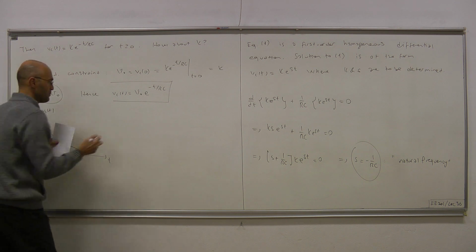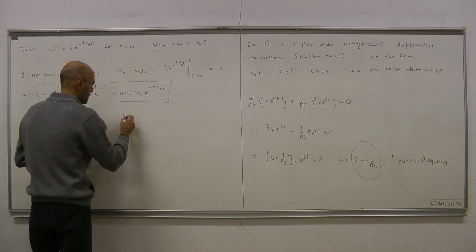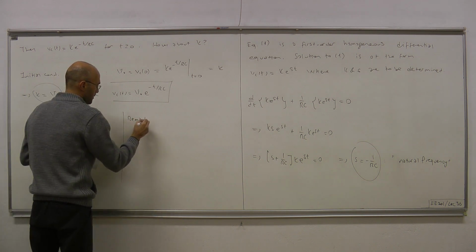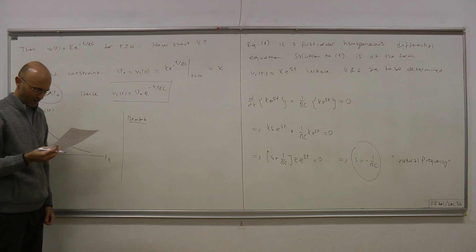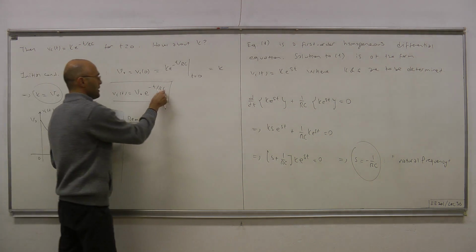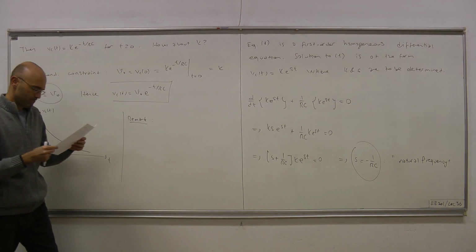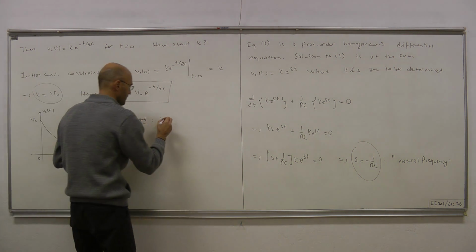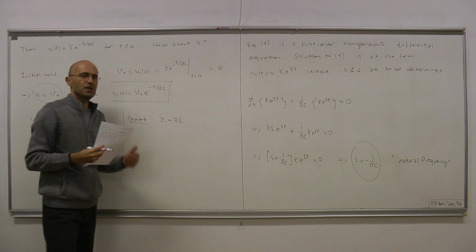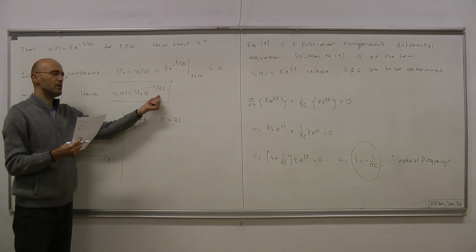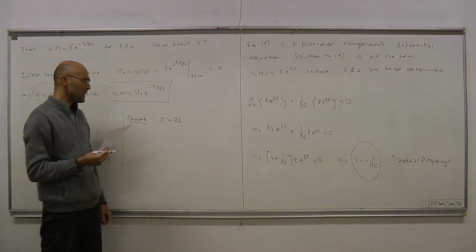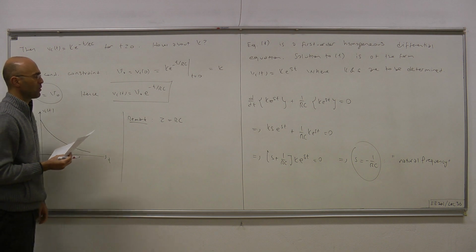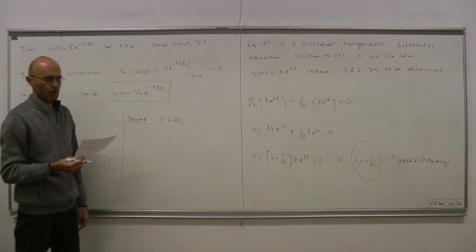Let me put a remark here. This product, RC, sometimes denoted by tau, is important clearly to the behavior of the solution, and therefore it has a name. It's called the time constant of the circuit.